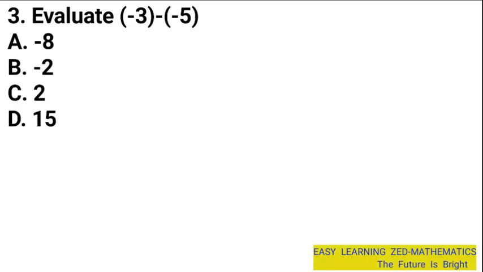Question 3 was as follows. Evaluate -3 minus -5. The options were A, -8, B, -2, C, +2, D, +15. So what you need to do is this.